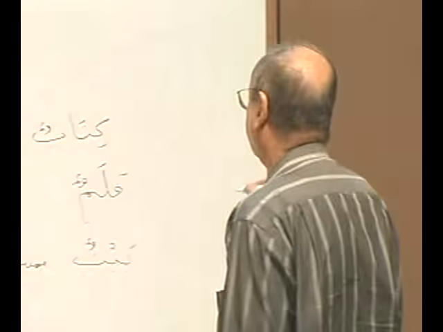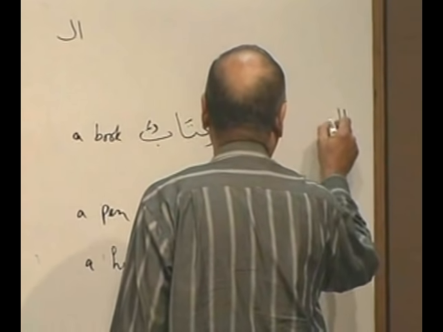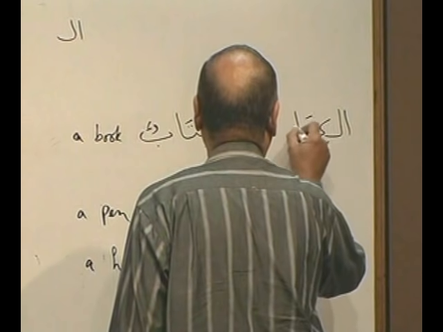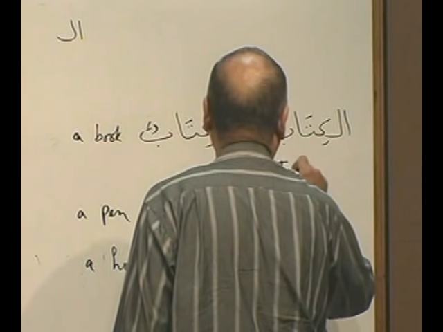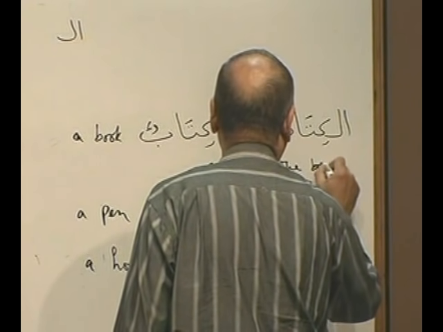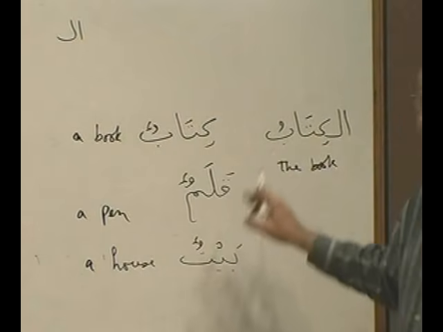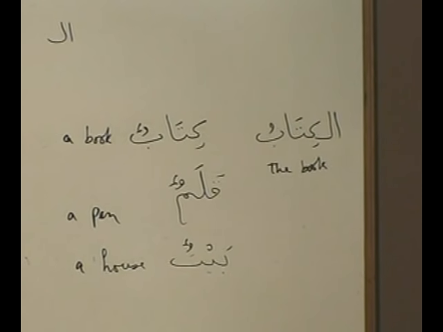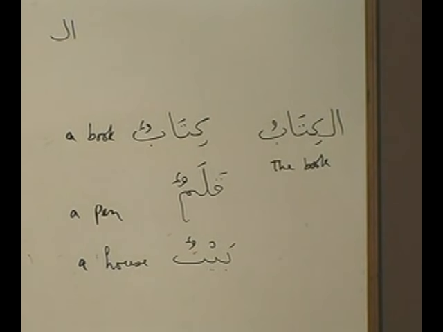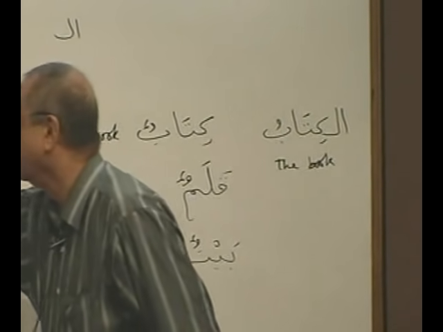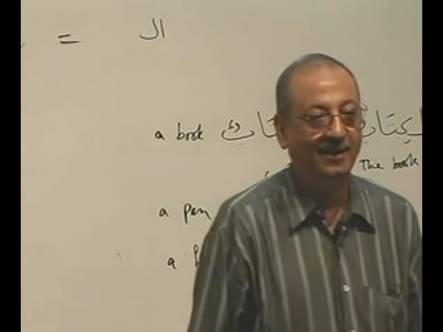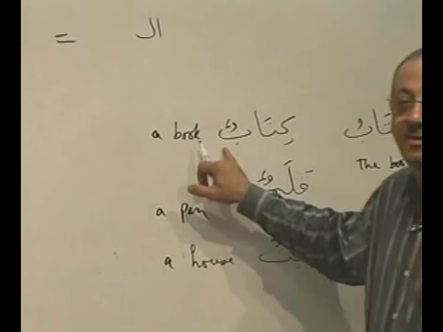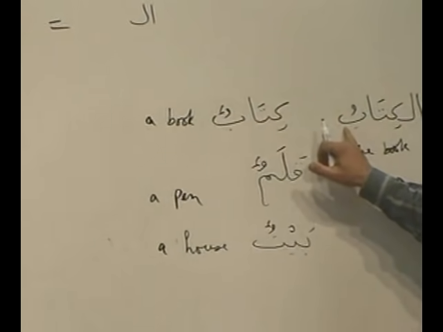Al-kitabu. I cannot have tanween. Al-kitabu. The book. Okay, brothers and sisters? Now you see, as soon as I put al, like magic, one vowel sign got dropped. Instead of bun, it became bu.